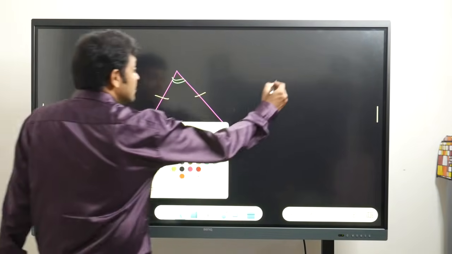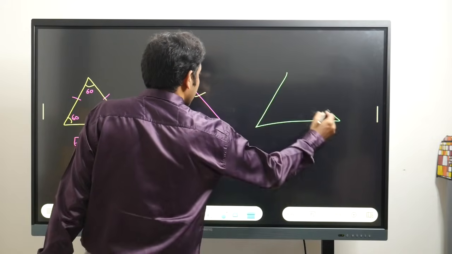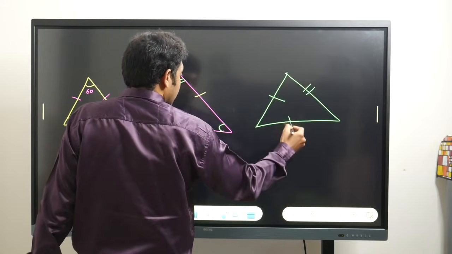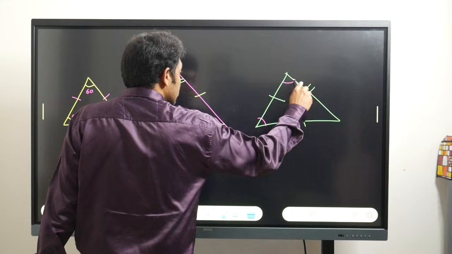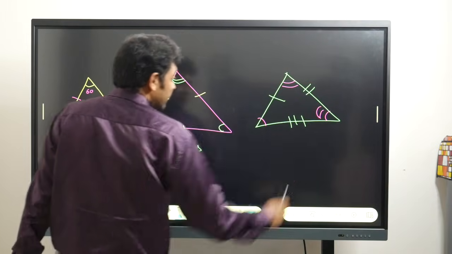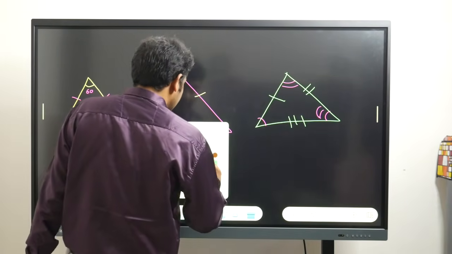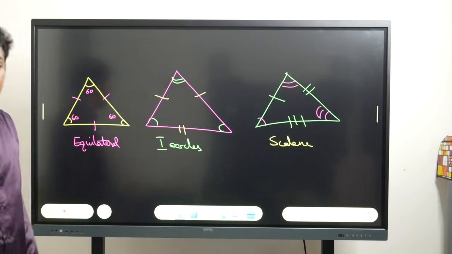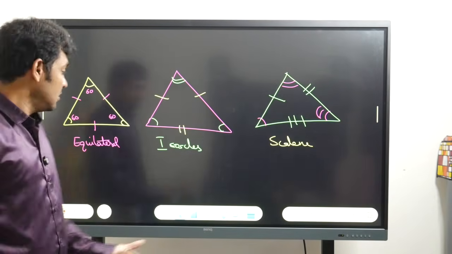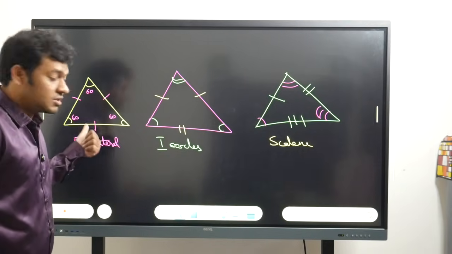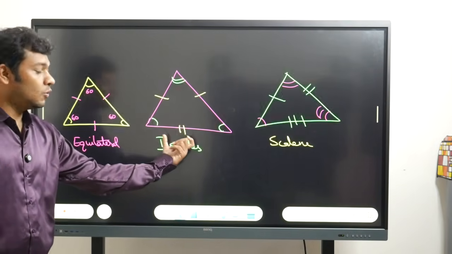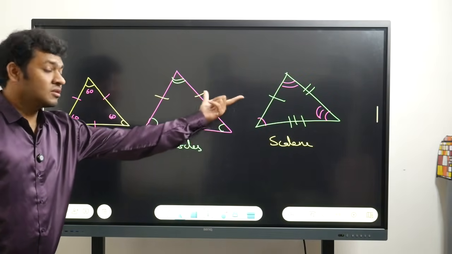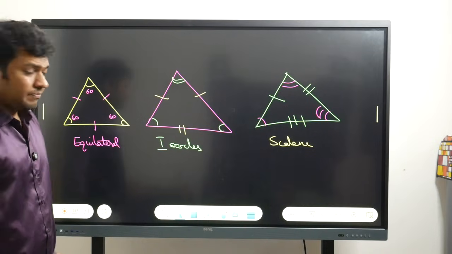If all three sides are different, all three angles will also be different. It's called a scalene triangle. So based on the equal sides or angles: all three equal, each 60, equilateral. Two sides equal, two angles equal, isosceles. All three sides different, all three angles different, scalene.